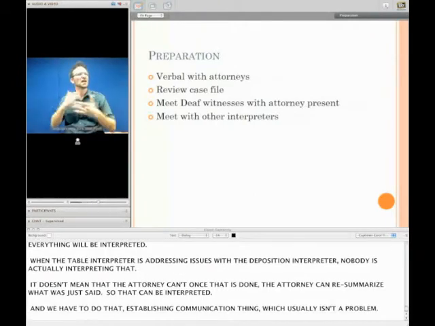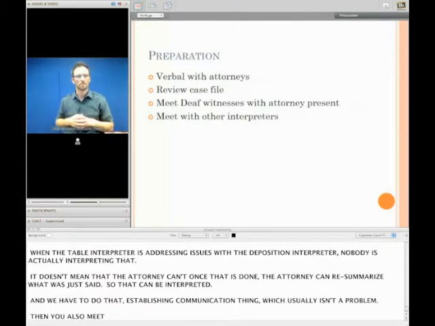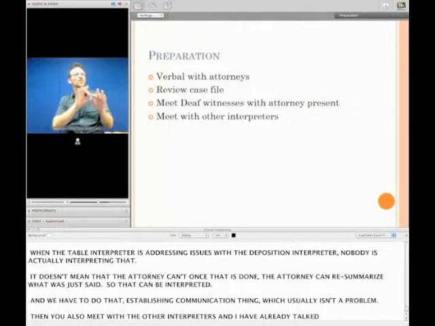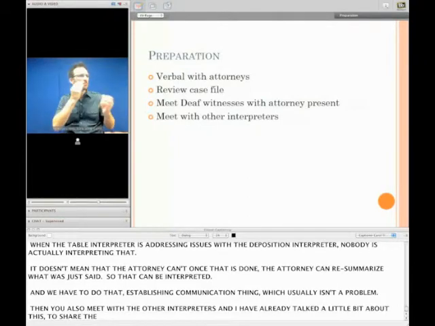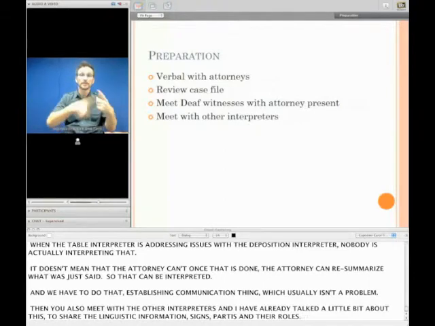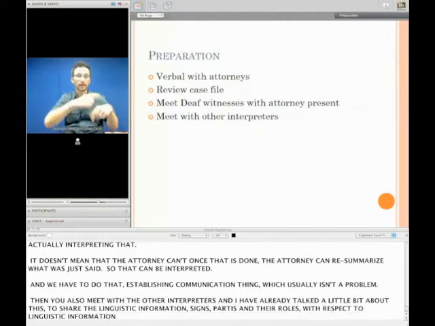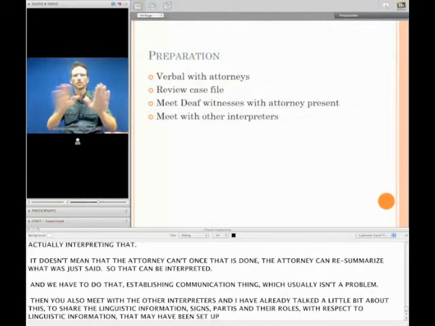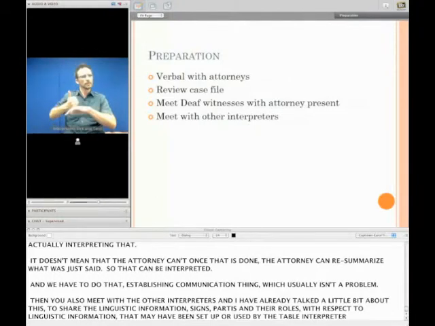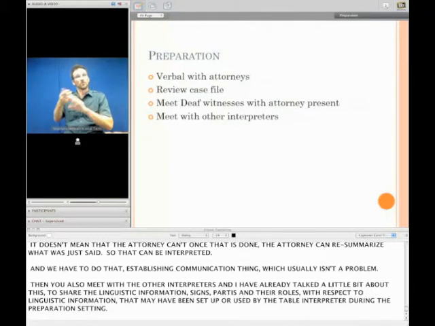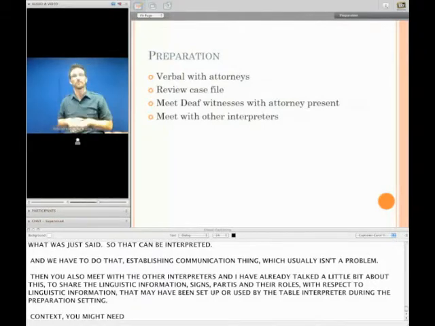Then you also meet with the other interpreters, and I've already talked a little bit about this, but to share that linguistic information, locations, name signs, parties, their roles, with respect to linguistic information that may have been set up or used by the table interpreter during the privilege or the preparation settings. Context, you might need specific information for consistency.